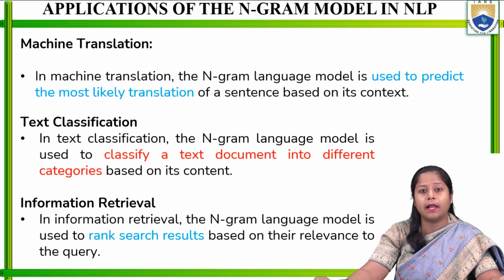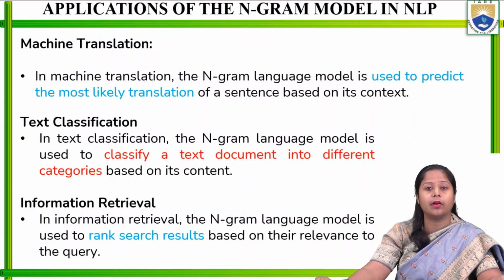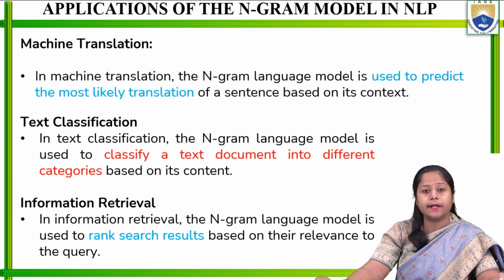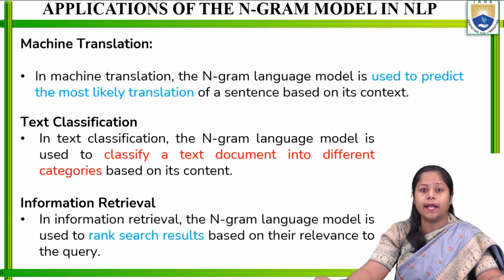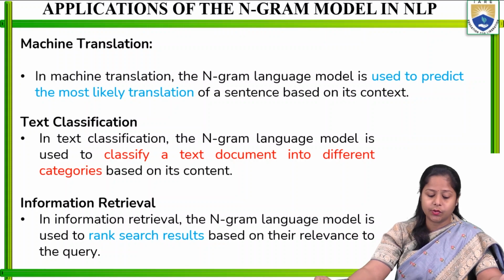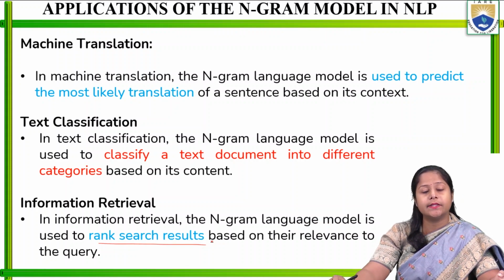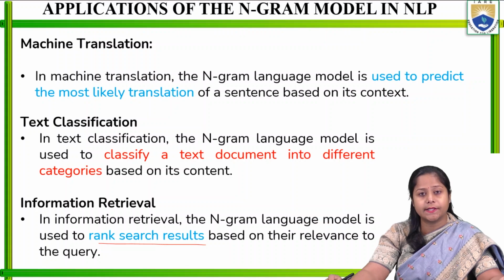The next possible application can be information retrieval, right? In information retrieval, the n-gram language model is used to rank the search results, right? This type of retrieval can be seen in Google search, right?